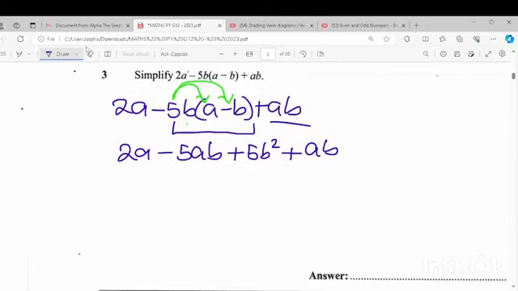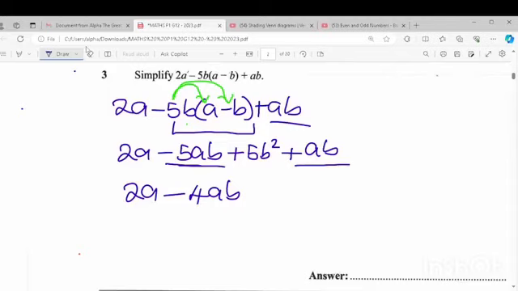At this time, you collect like terms together. This term has ab and this term has ab. So we're going to have 2a, negative 5ab plus ab is minus 4ab. Do we have any other terms that are common or alike?